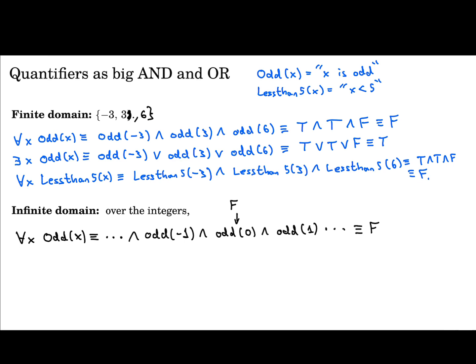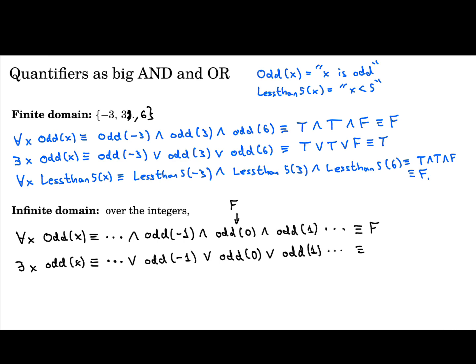Now, when you do there exists an x such that odd of x, so there exists an x such that that number is odd, again, over the integers, you'll have an infinite amount of ors. So you'll have your odd of -1, or odd of 0, or odd of 1.